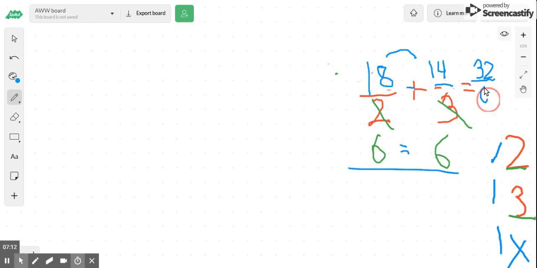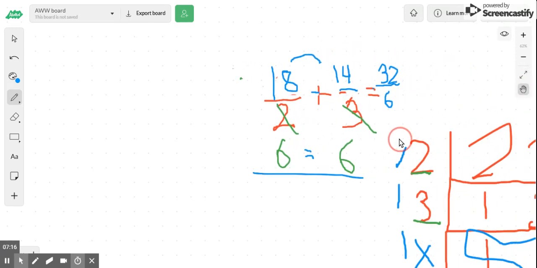So we have 32 over 6. In my previous video, I also showed you how to simplify fractions. So now we're going to simplify it. 32 over 6 can be simplified using the 2 times table. So we got 16 over 3.